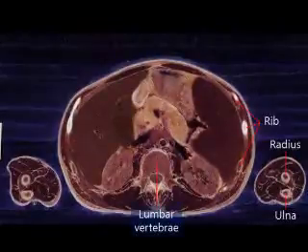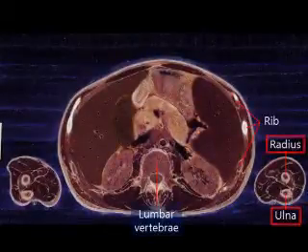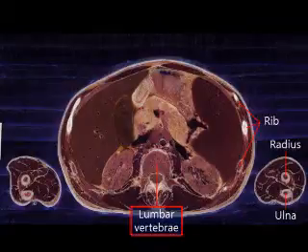The humerus meets with the ulna and radius. The lumbar vertebrae are located under the thoracic vertebrae.